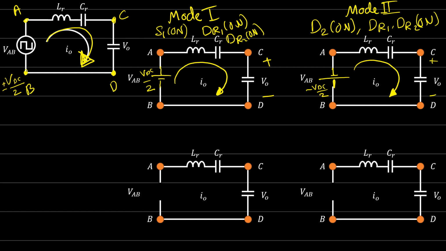Okay, let's go for mode number 3. We assume that the current is negative. So this is the other option we have. Switch 2 is on. Then switch 2 is on, current is negative, input also negative, right?